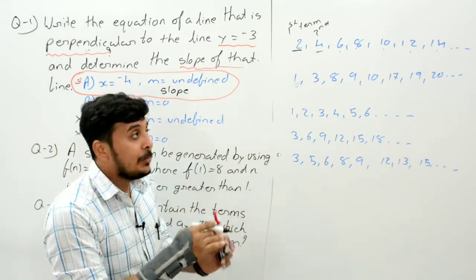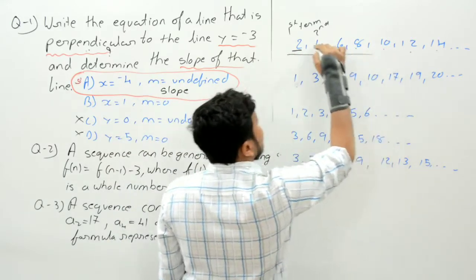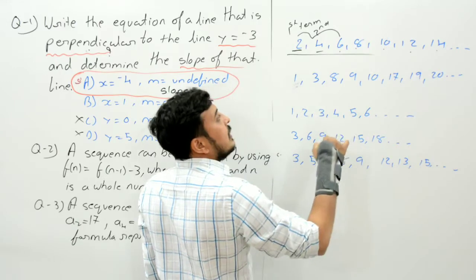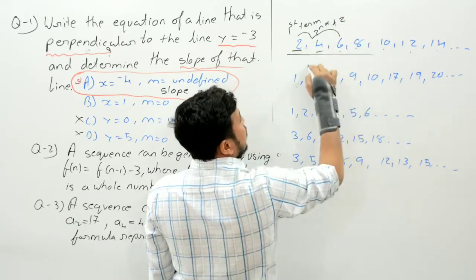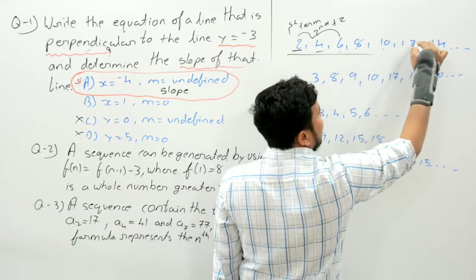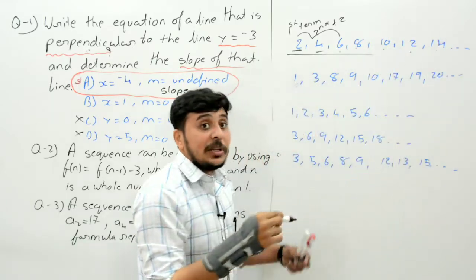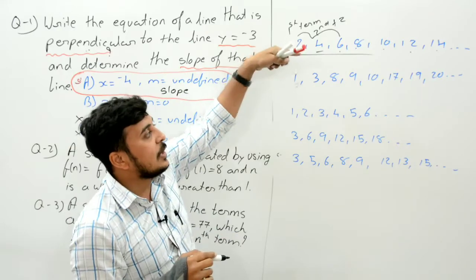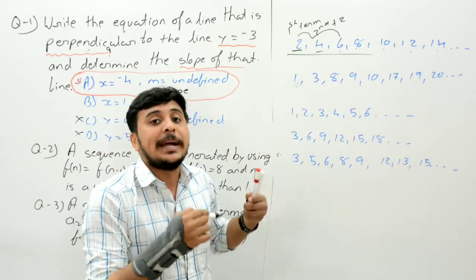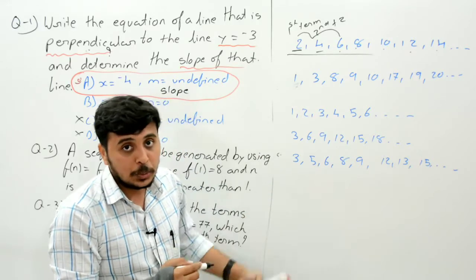There is something common in the first series: each and every consecutive term is increased by plus 2. 2 plus 2, 4, 4 plus 2, 6, 6 plus 2, 8, 8 plus 2, 10, 10 plus 2, 12, 12 plus 2, 14.